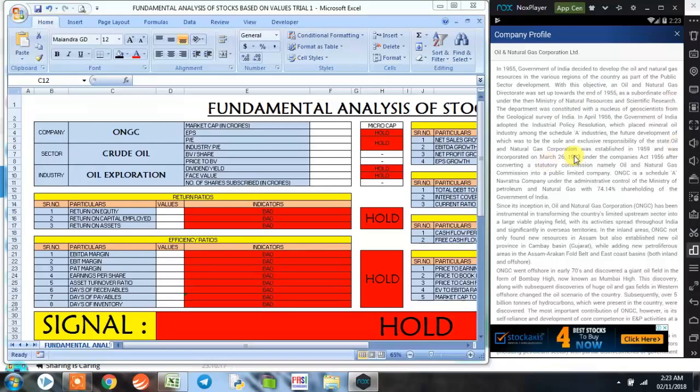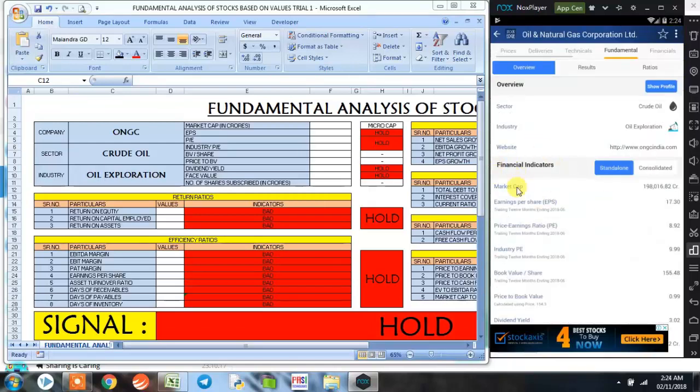So, Oil and Natural Gas Corporation was established in 1959 and was incorporated on March 26, 1993 under the Companies Act 1956. ONGC is a Schedule A Navratna company under the administrative control of the Ministry of Petroleum and Natural Gas with 74.14% of shareholding of the Government of India. So this was about the company.